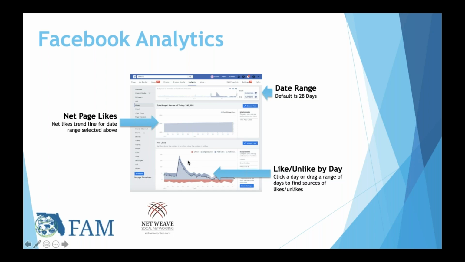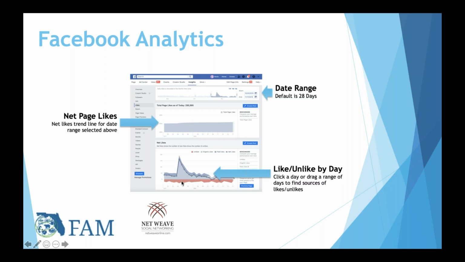You'll sometimes see suspicious account removal as a reason. Facebook actually winds up removing 75 million accounts a day that are fraudulent. So you might see that as well, but you'll always have some number of unlikes.